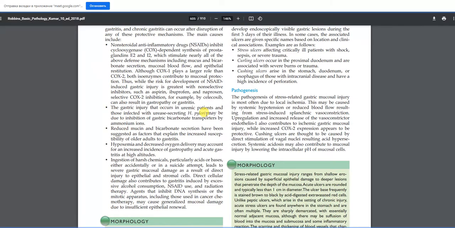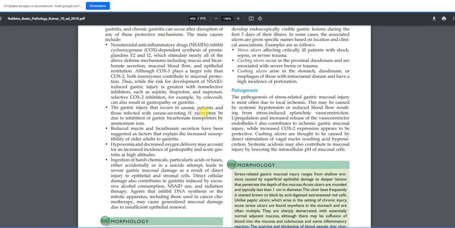And actually, I had patients during my practice who had chronic kidney disorder, kidney insufficiency, and along with it the ulcer appeared, and they died because of internal bleeding. We could do nothing with it.